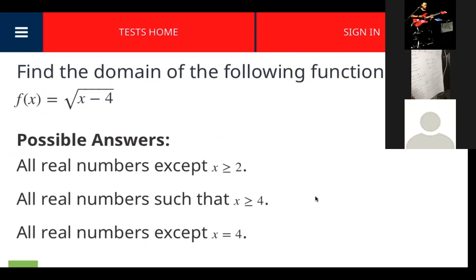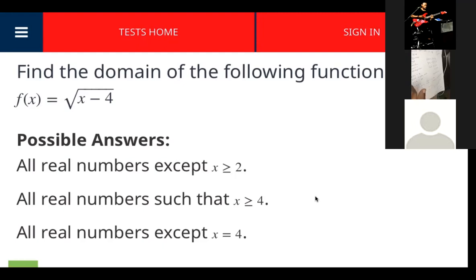So here, the possible answers for the domain are all real numbers, except for x greater than or equal to 2. Because when x is equal to 2, it means you have the square root of negative 2, which is complex. Yes, it is very, very complex. So there's no way your x should be 2.